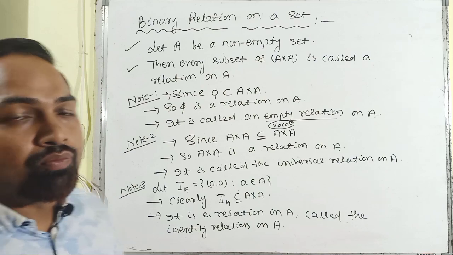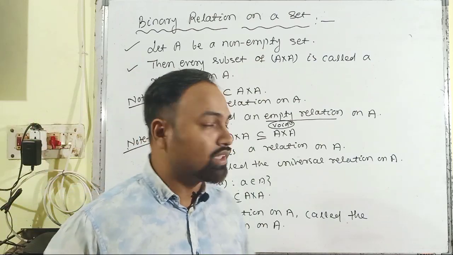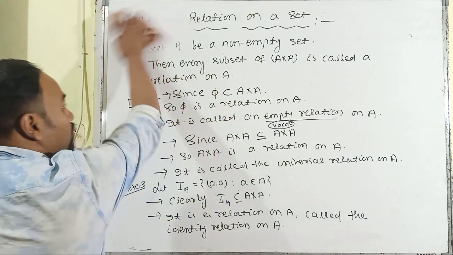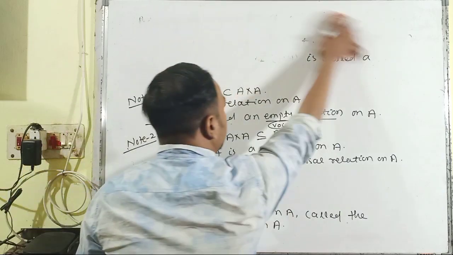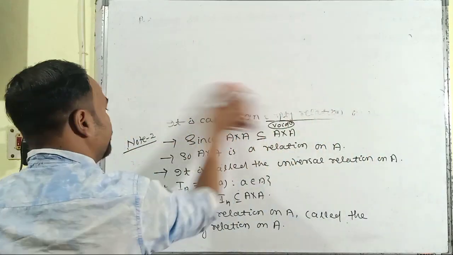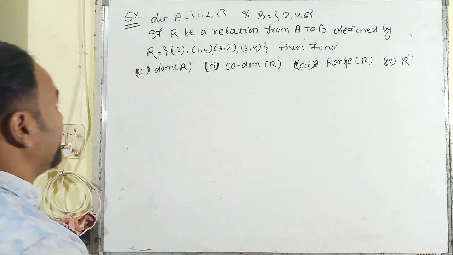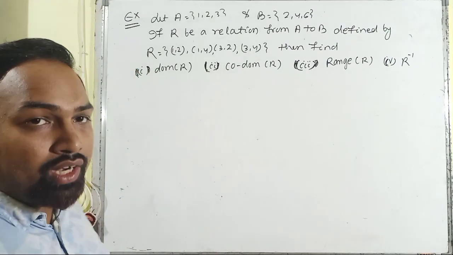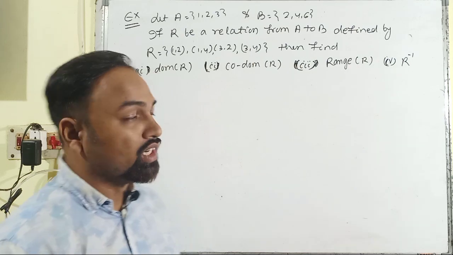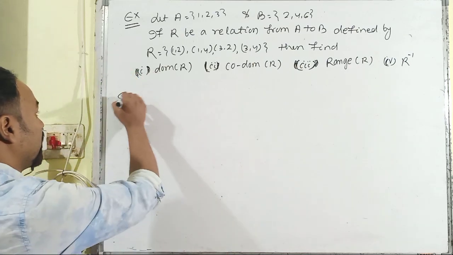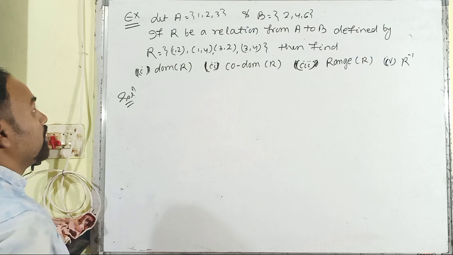Then moving towards some problems based upon today's fundamental classes. So let us discuss some of the problems. Here is the first problem based upon the domain, range, codomain and inverse of the relation. So let us go through the solution. What is the problem here?